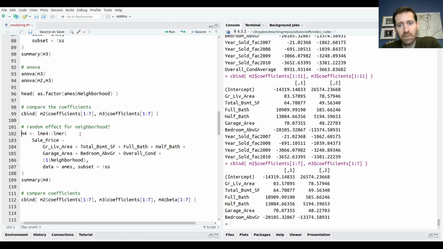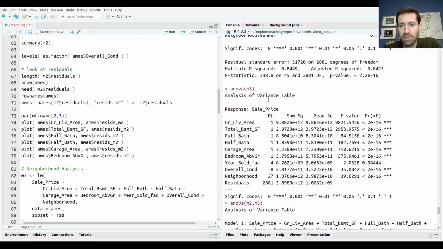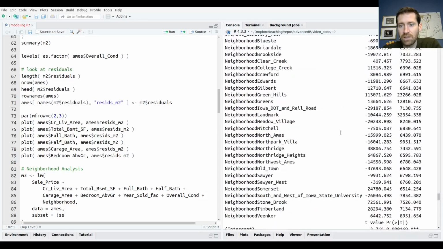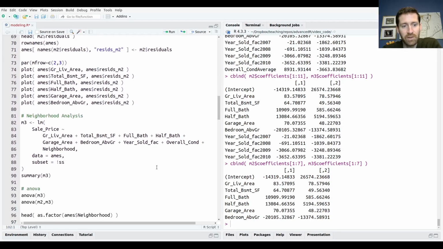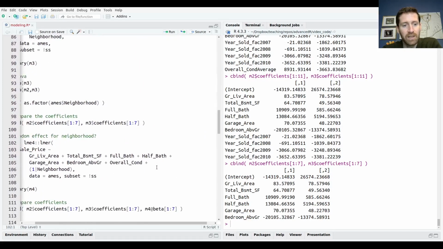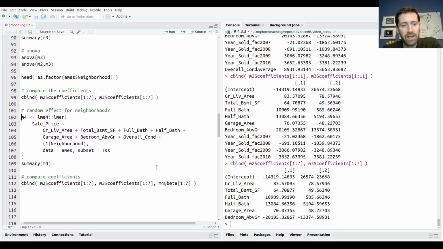So I think a better justification for adding neighborhood as a random effect is that you think the neighborhood effects, like all these numbers in the table, are close to normally distributed, because that's really what the assumption is. So the way I think about random effects is that you're adding an additional assumption about the neighborhood effects, namely that they roughly follow a normal distribution.